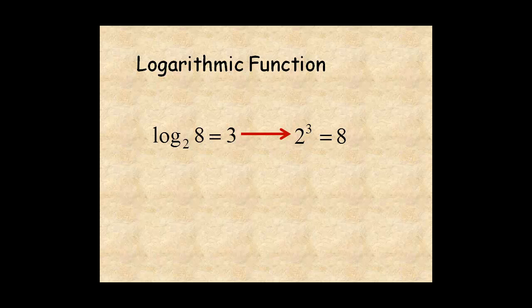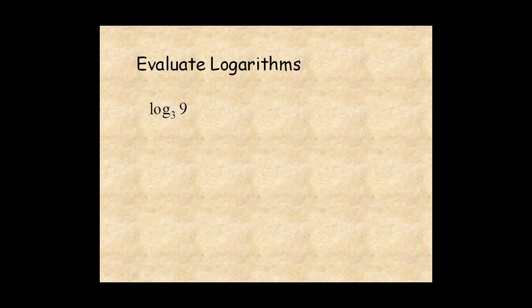This is a little hard to wrap your mind around since it is so new. More examples will help you understand it better. For log base 3 of 9, set the log equal to x. Then write the exponential form 3 to the x equals 9. And ask yourself, 3 to what power is equal to 9?